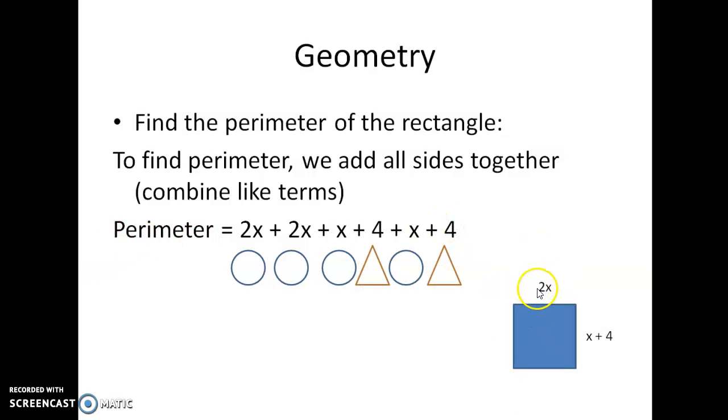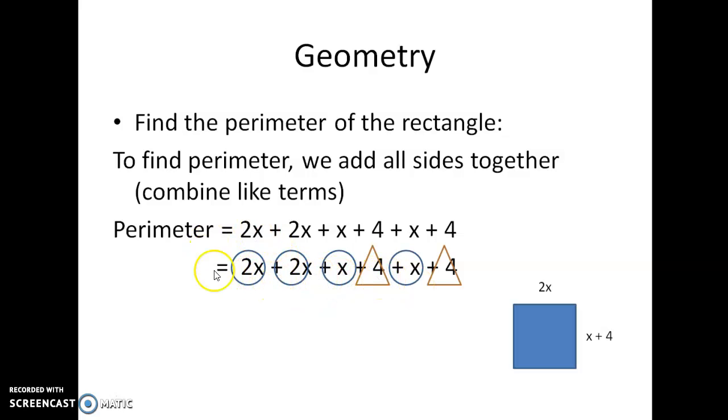So when I add all the sides together, I have 2x here plus 2x here plus x plus 4 here, and x plus 4 here. Okay, now, combining like terms, that's all we're doing here. We're not solving anything. We're just finding an expression that matches up with the perimeter. I put a circle around everything that's a like term. So 2x, 2x, x, x, those are all like terms.